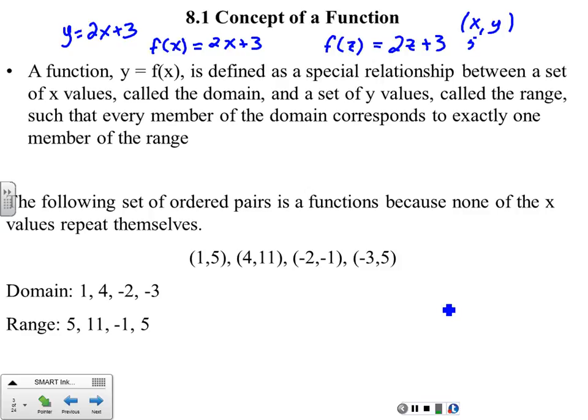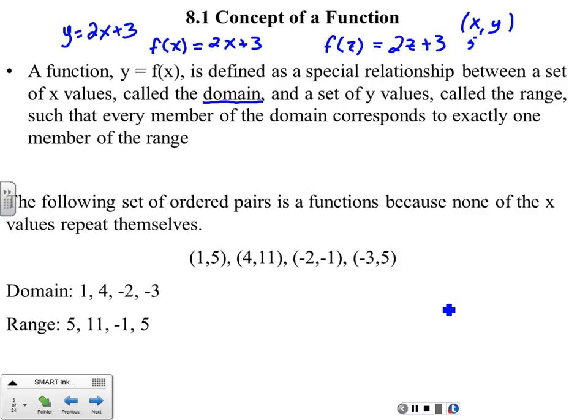Okay, so some vocabulary. Domain. Anytime you see or hear me say domain, we're talking about the x values of the ordered pair, or ordered pairs. Basically, for our functions, your domain is going to be any x value that you can plug in and make the function real, make the function true.